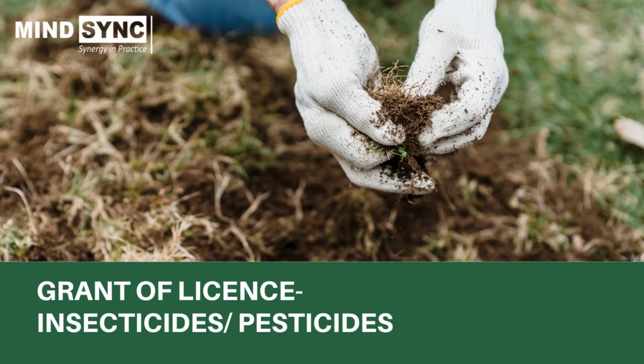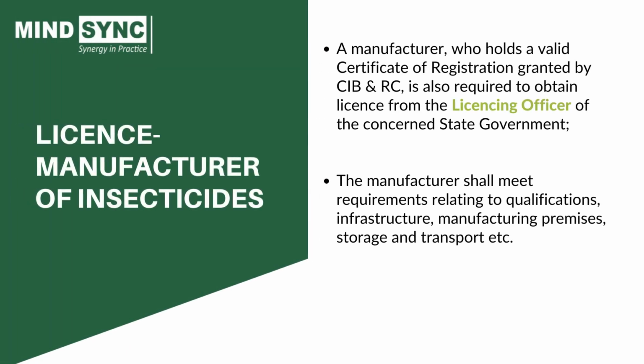Moving ahead, let's now talk about grant of license for an insecticide or pesticide. First is the license required to be obtained by the manufacturer of insecticides. After CIB RC approves an insecticide and grants a certificate of registration, it must be registered with the state government where it will be manufactured.